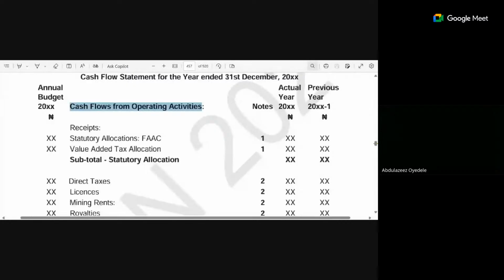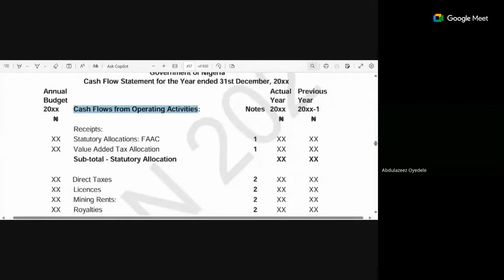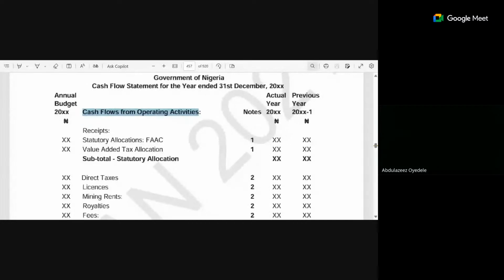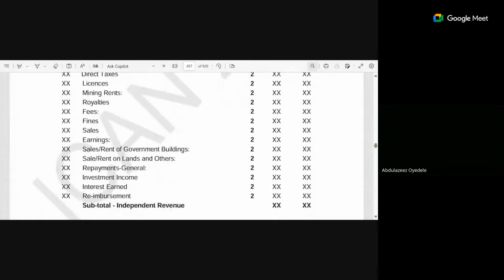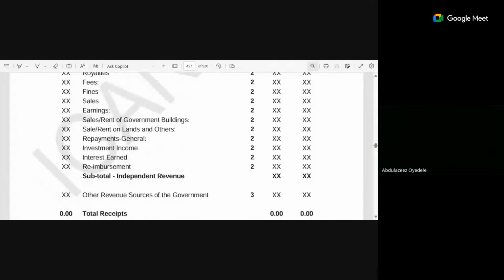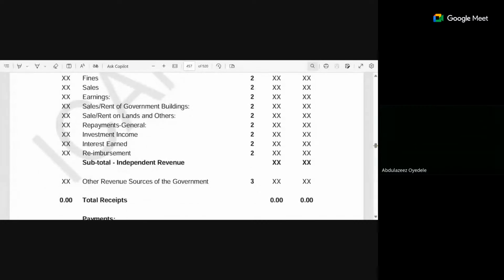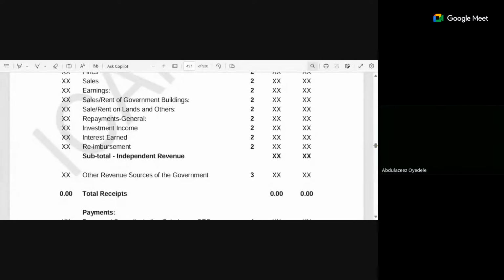That is their revenue from statutory allocation, their allocation from VAT, direct taxes, licenses, mining rents, royalties, fees, fines, sales, earnings, and so on and so forth.